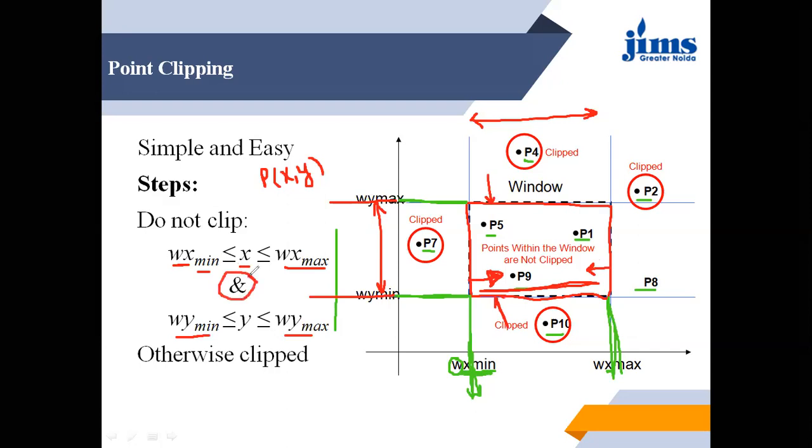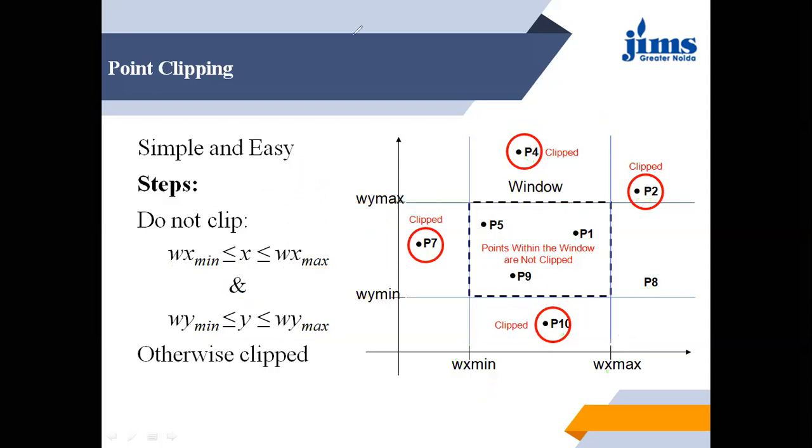If both are not satisfied, or we are not checking both cases, then there can be some error or we cannot reach the right decision. So in these cases, we have to check both conditions.